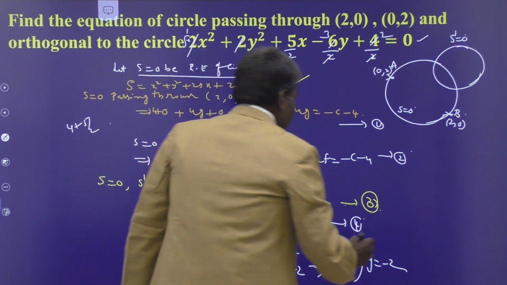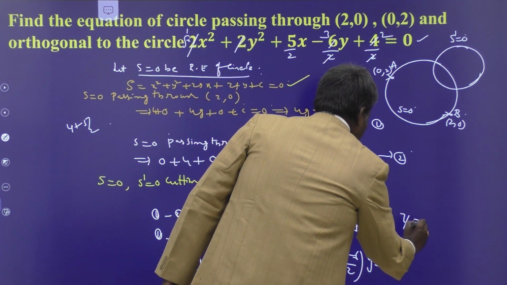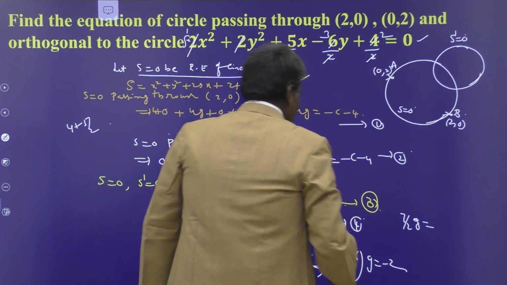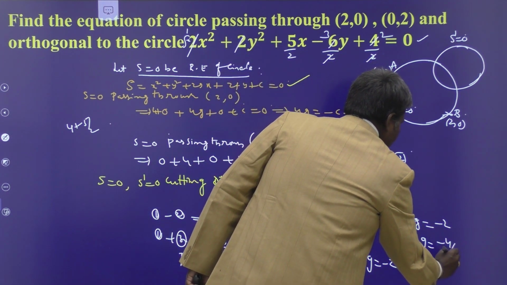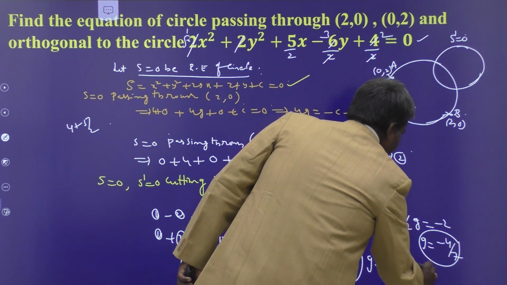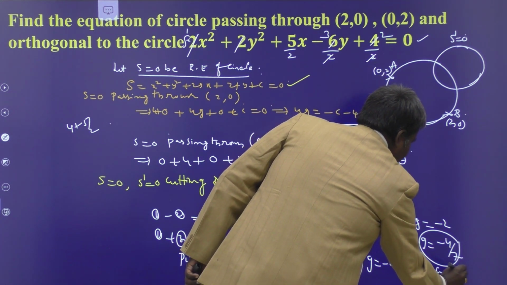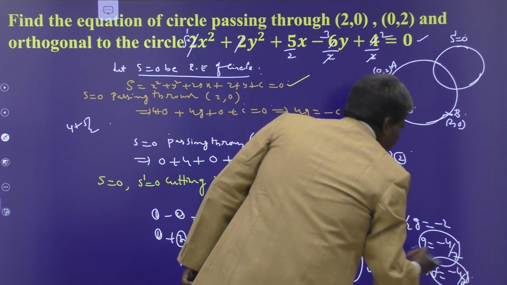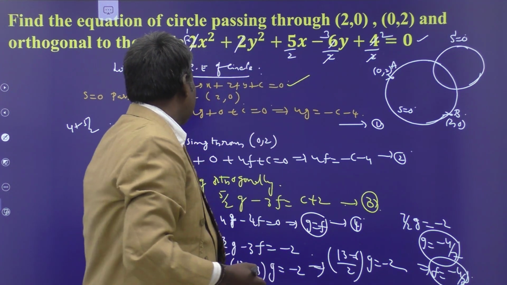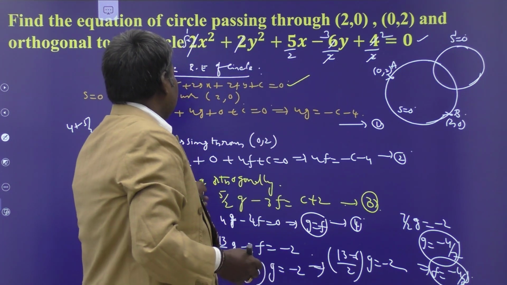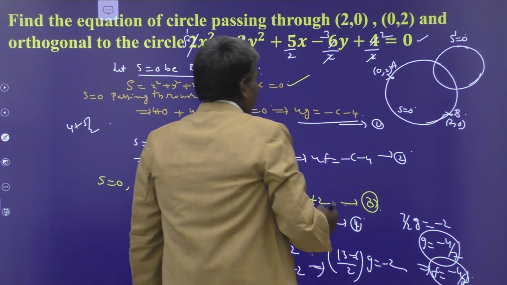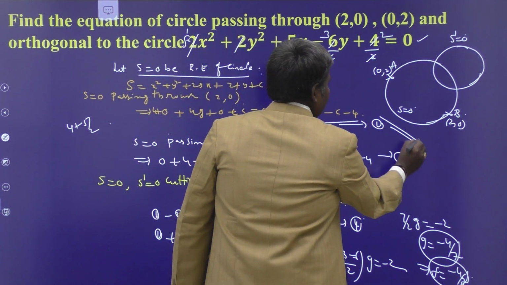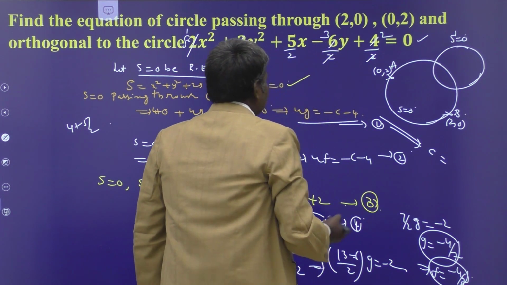So 7/2 g = -2. What is g value? g = -4/7. Automatically f is also -4/7, because g = f. Substitute g, f in any equation having c. Substitute here itself. What about the value of c here? c = -4g.